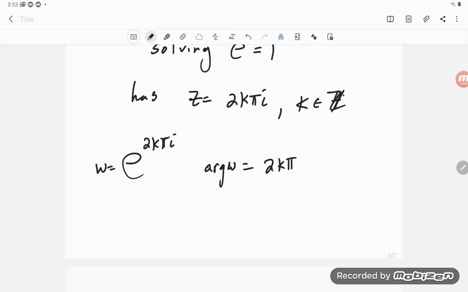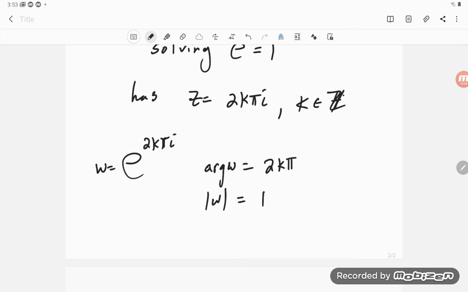Okay, so it's anything 2k pi. And I know that the absolute value of w is 1, because I have r is just 1 out there.